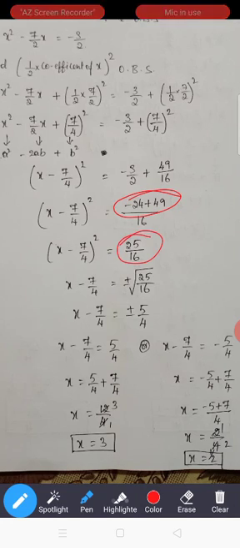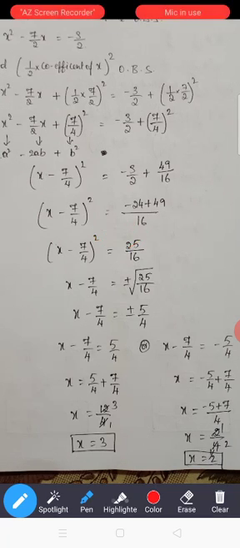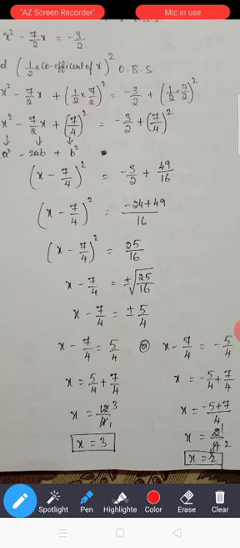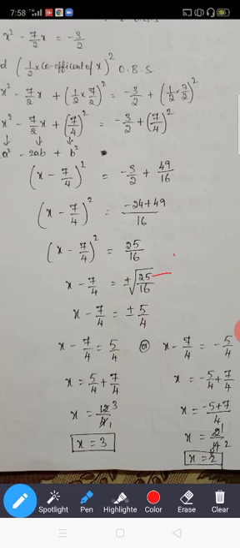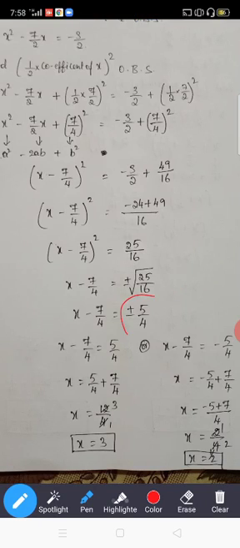25 divided by 16. Now send the square to the right hand side, it will become plus or minus square root of 25 divided by 16. The square root of 25 is 5, and the square root of 16 is 4. So it is plus or minus 5 by 4.